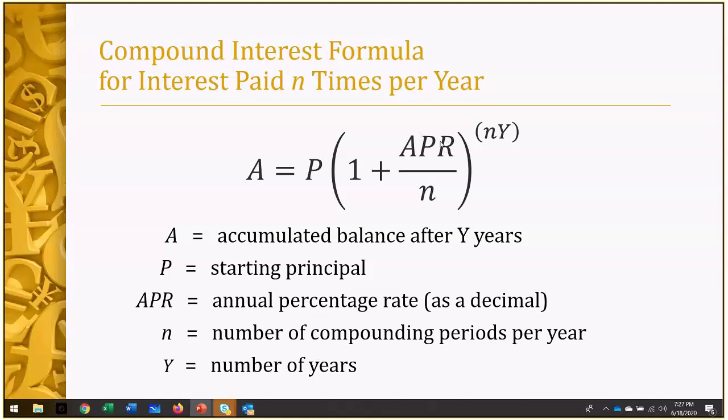And the rate has to be a decimal. And then you're going to divide it by this end value, which you'll find in the problem. You'll find one of the words in the problem. You just put it here, and you put it here, and then that thing is times Y, which is the years. Now, this is an exponent, these two things up here. So you need to hit your exponent key, and then you need to put parentheses around this up here as well for this to work.